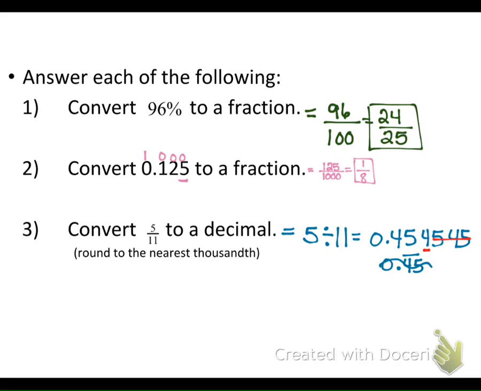Everything behind that, I'm going to drop. However, I still have to determine if this 4 in the thousandths spot is going to stay the same or if it's going to go up 1 based on the number directly behind it. It's going to go up 1 because it's a 5 or greater. So my final answer is going to be what here, you guys? 0.455. Perfect. And box it. Okay.